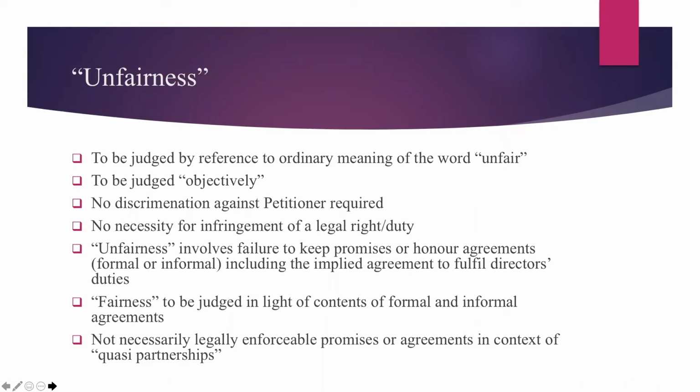But agreements between or promises made between the participants of a company may also be found in much less formal contexts. So, for example, oral agreements between the participants or even implicit agreements between the participants are honoured or respected by this jurisdiction, and a breach of such informal agreements may well be seen to involve unfairness, entitling the court to exercise its discretion to grant relief under section 994.